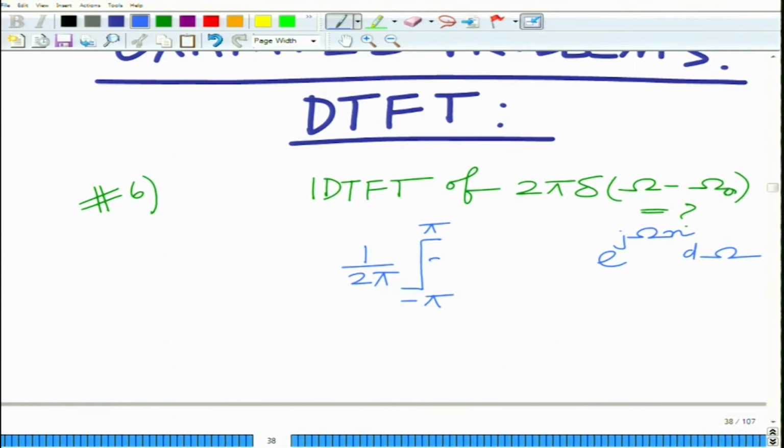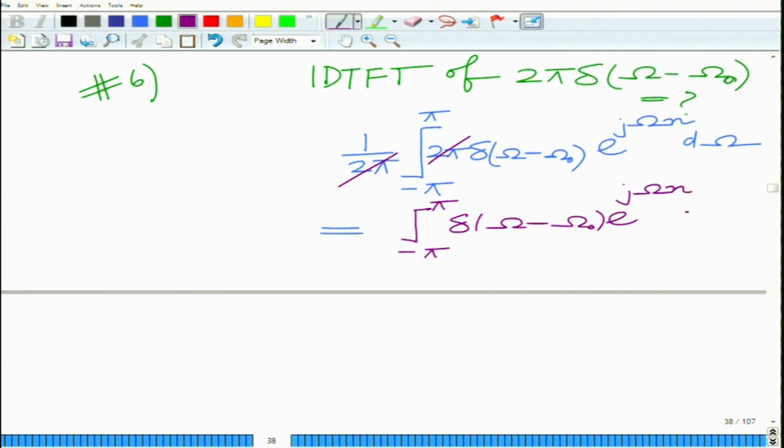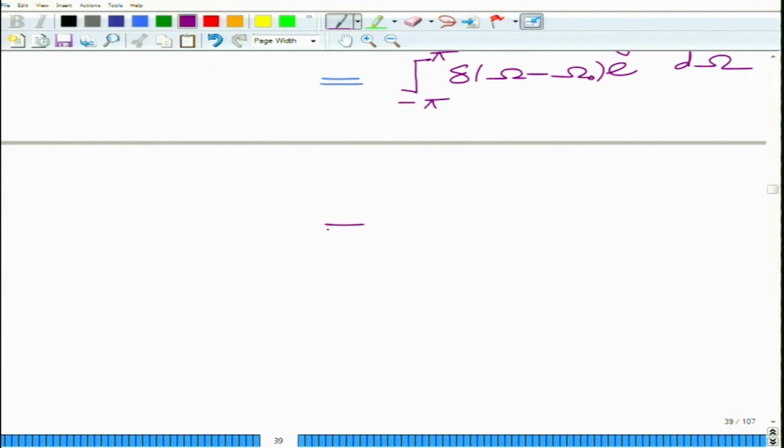So, let me just correct that. This is 2 pi delta omega minus omega naught, and now the 2 pi's cancel, this will be the integral from minus pi to pi of delta omega minus omega naught e raised to j omega n d omega, which is basically e raised to j omega n.